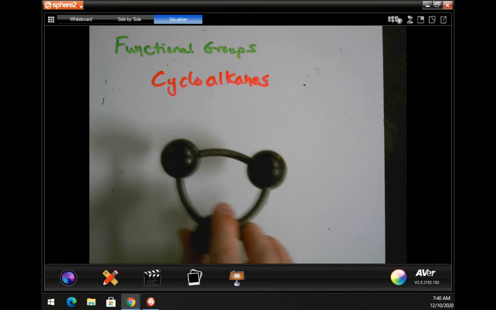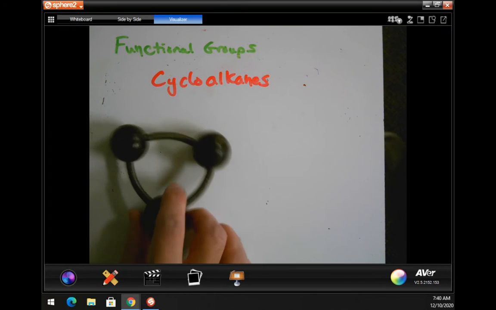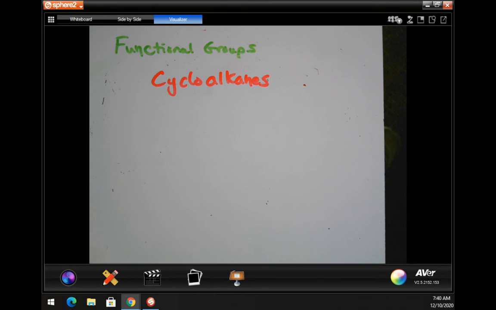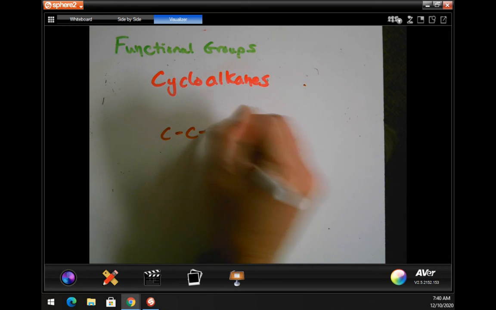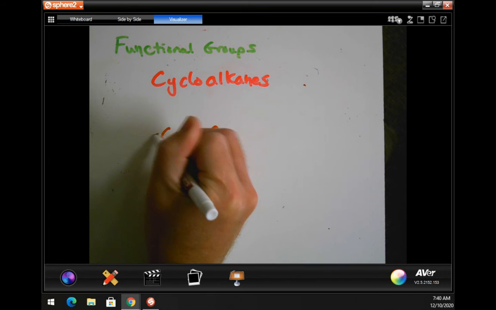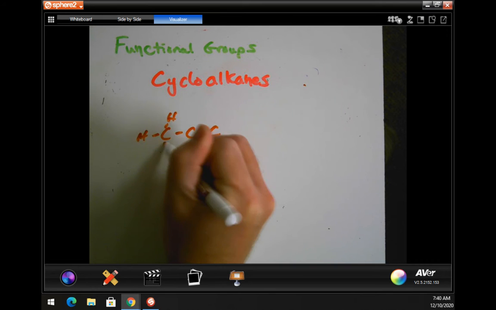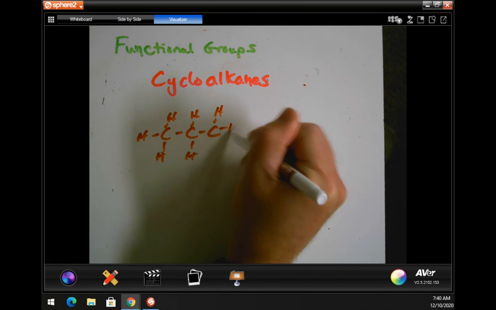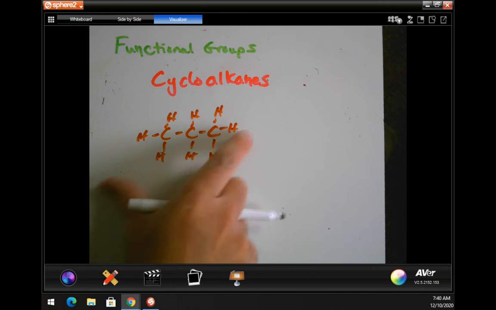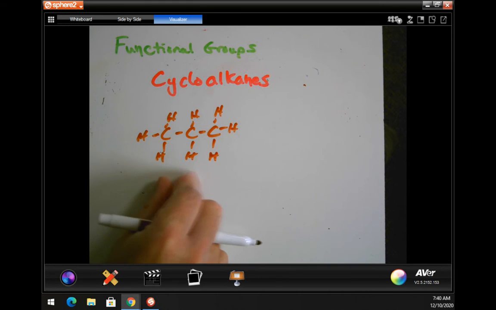Oh, okay. So with cycloalkanes, basically what happens is the ends meet. Because normally you would have hydrogens like this all the way around in a straight chain. Well, what happens is this thing bends on itself.